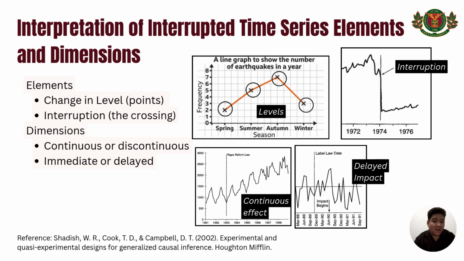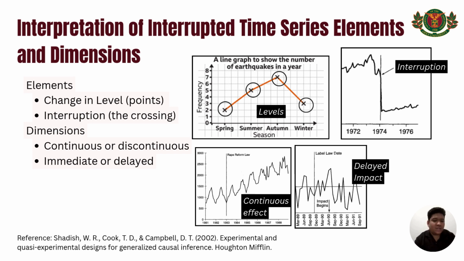It can be a high or it can be a low, but it's still a continuous effect. The discontinuous effect is when the trend line reverts back to the previous trend result before the implementation of the interruption.